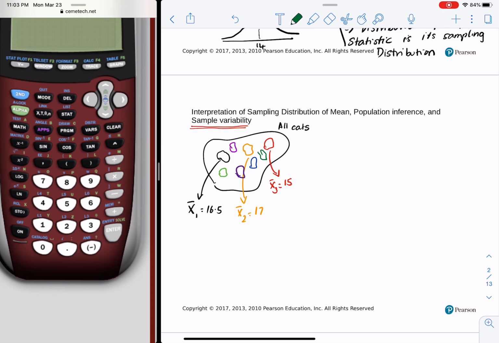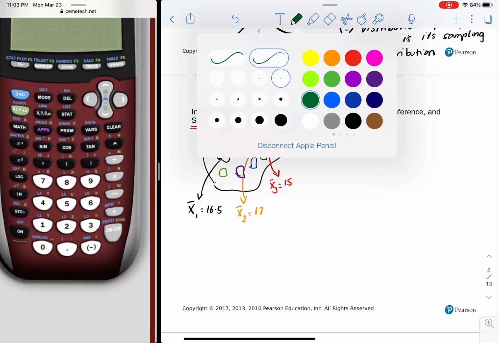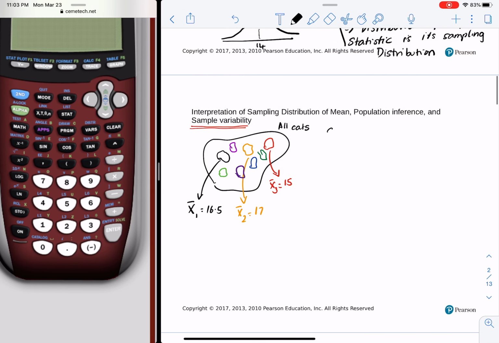So as an example, if we have a bunch of samples, let's name them sample 1, 2, 3, 4, 5, 6, 7, 8, 9, and 10. Each of them would give us a sample mean. I'm going with the same example, the average lifespan of a cat.